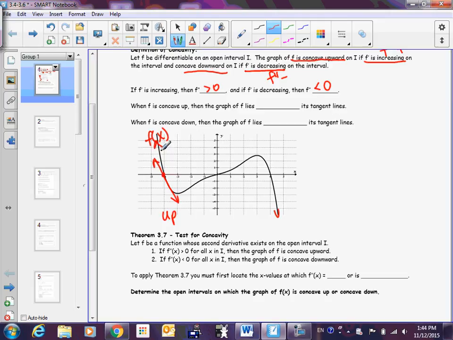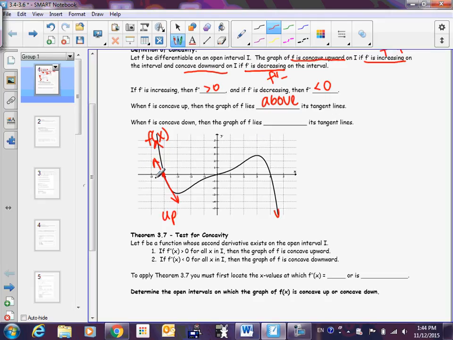So when f is concave up, the graph of f lies above its tangent lines. If you ever draw a tangent line and the graph of f is above it, that's a concave up piece of graph.